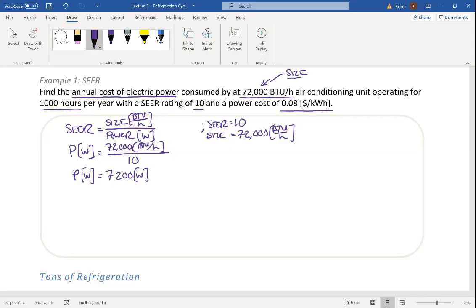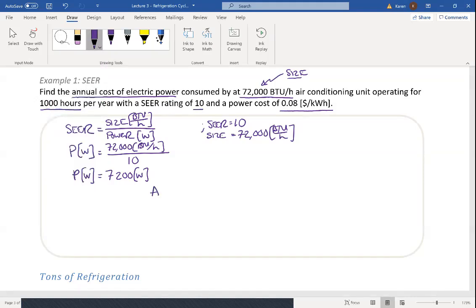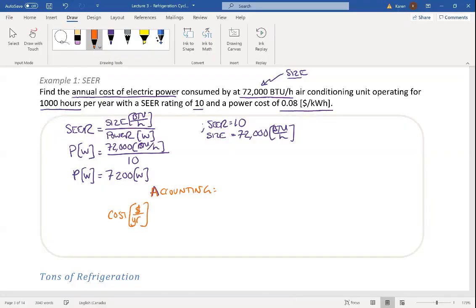Now it's just a matter of an accounting problem. Now we just have to do the counting. We want cost in dollars per year. And we have power in watts.